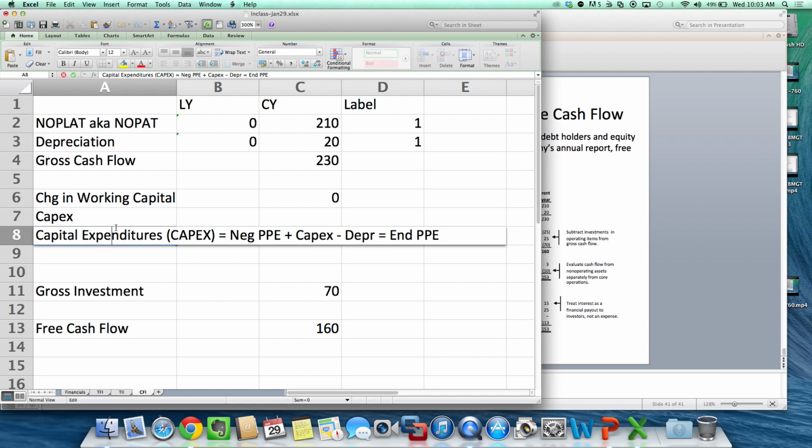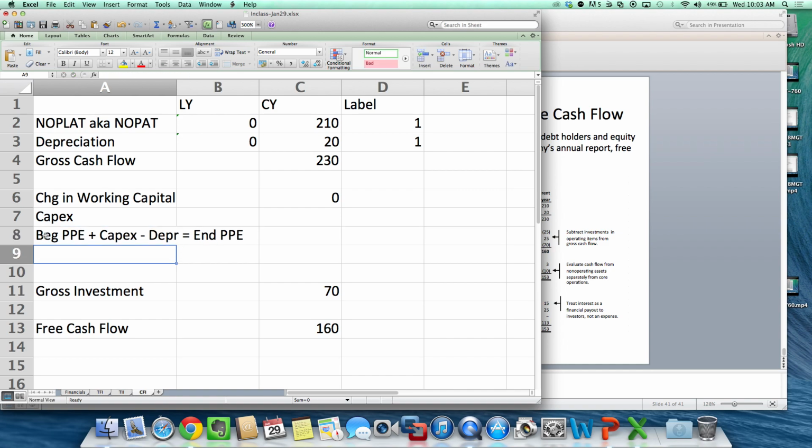That's just the balance sheet. So my starting PP&E plus the capital expenditures I spend the year minus any depreciation I have during the year would be my ending PP&E balance, assuming I didn't take anything out that's fully depreciated. Everybody got that? Remember that from accounting?